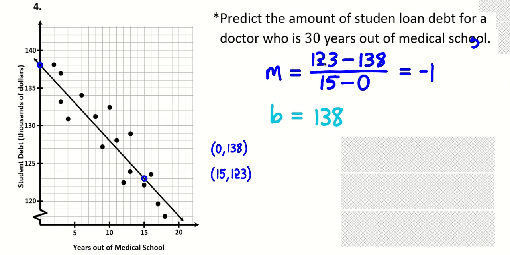But this is supposed to say 123 minus 138, so y2 minus y1 all over x2 minus x1. The good news is this is right, because this ends up being negative 15 divided by positive 15.